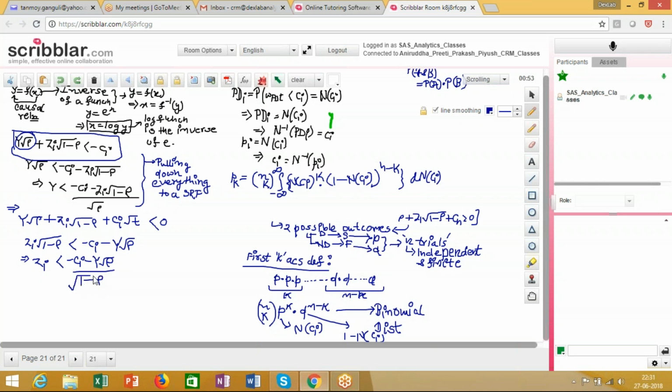Which clearly shows that, now I can write this in terms of, and say that it is N inverse of p minus Y root rho.